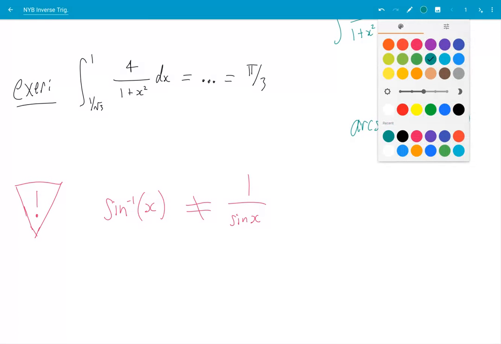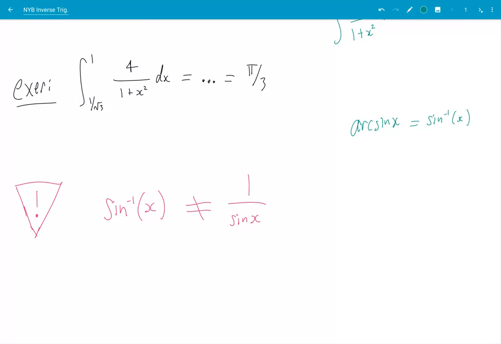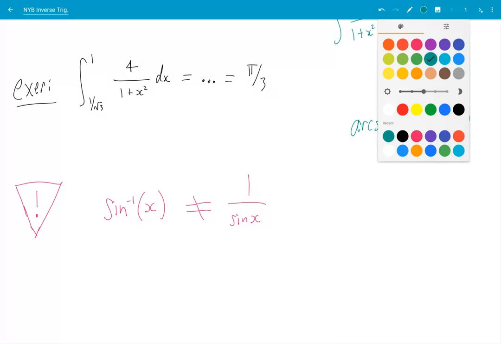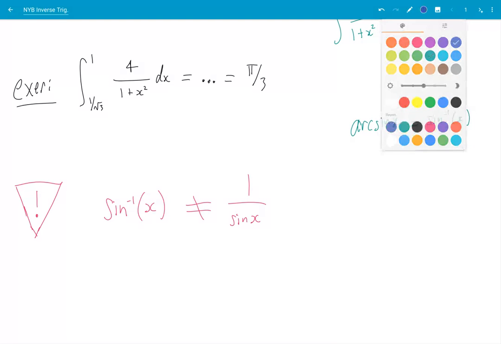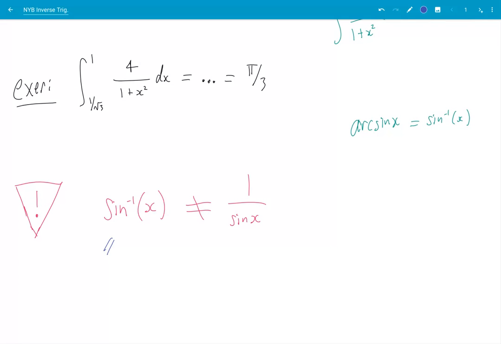We can use the word inverse in two different ways. We can talk about inverses in the sense of a functional inverse. So this is arcsine of x, and maybe you'd write this as sine x to the negative 1. They're very different things.